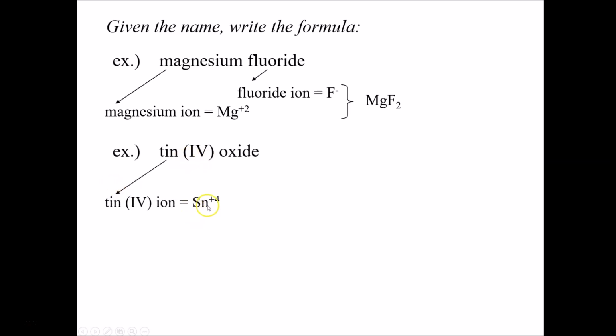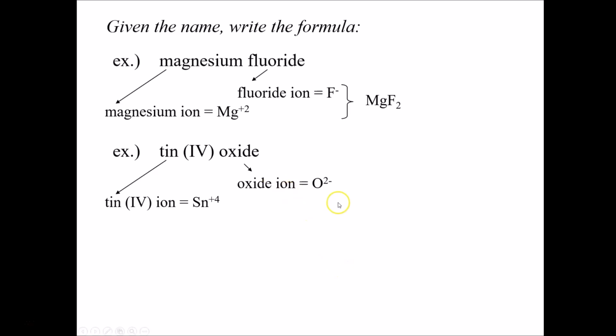So this is Sn with a positive 4 charge. Oxide, right? Oxide comes from oxygen, but it has what charge? Well, oxygen's in group 16. Group 16 we have to memorize is always -2. Group 16 is -2. Okay, remember that. So this would be O with a -2 charge.